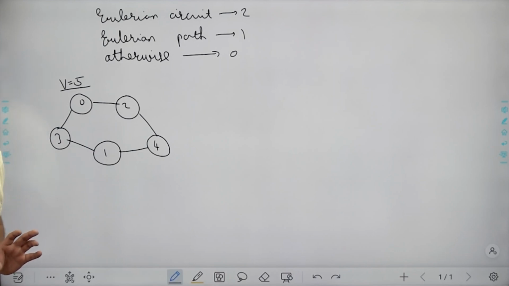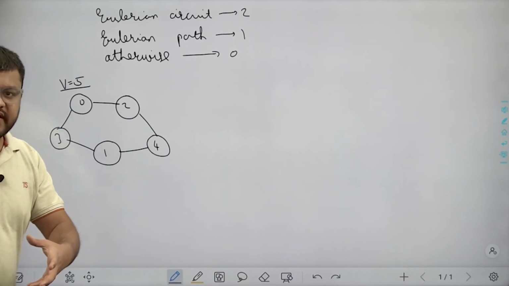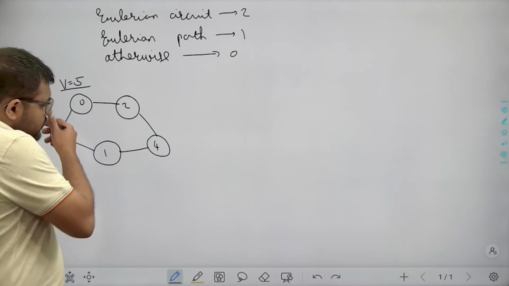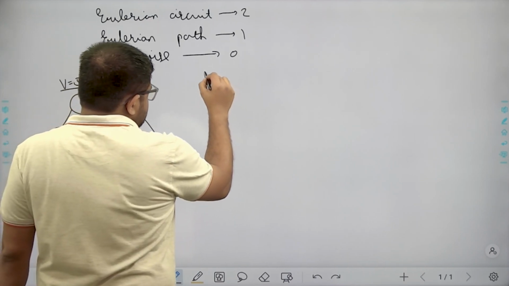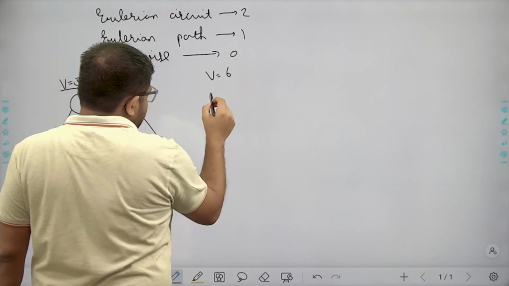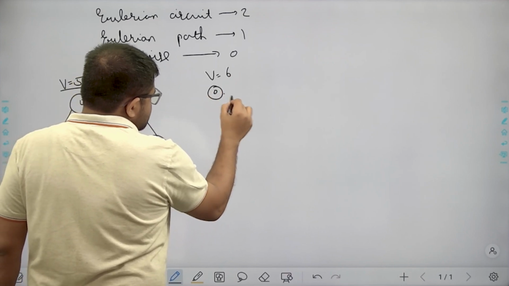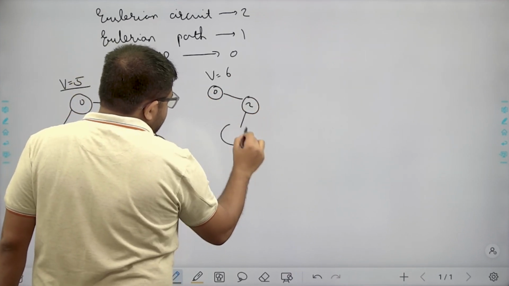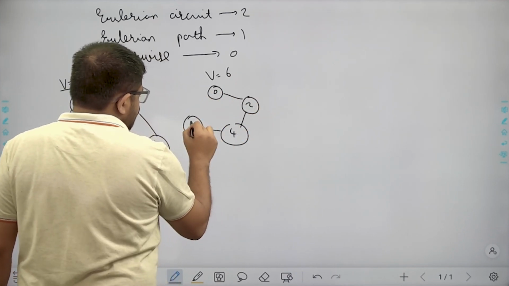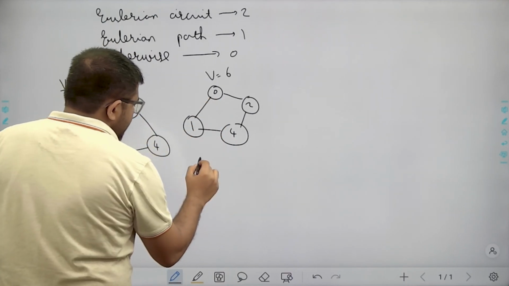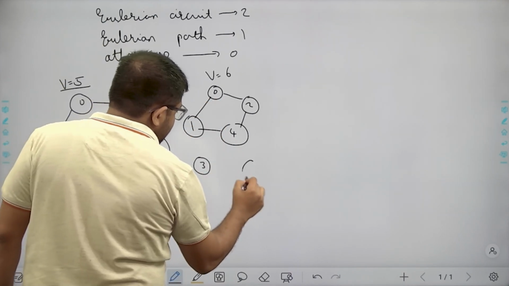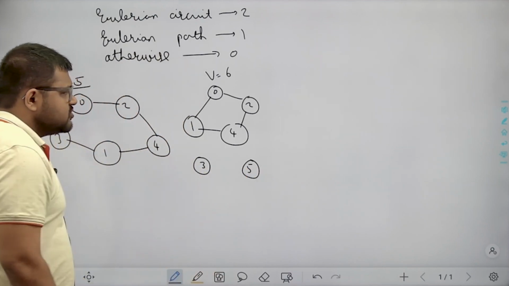Can we think of some other possibility? Yes, this is kind of an edge case. In order to find an Eulerian circuit, one more possibility is, let's say you have 6 nodes from 0 to 5, then 0, 2, let's say 4, 1. Okay, and let's say this is 3, and let's say this is 5. This is also an Eulerian circuit.